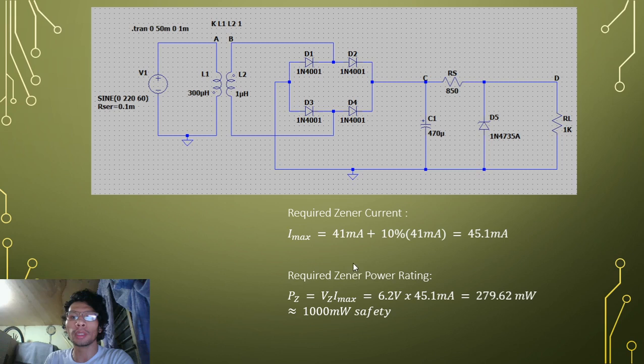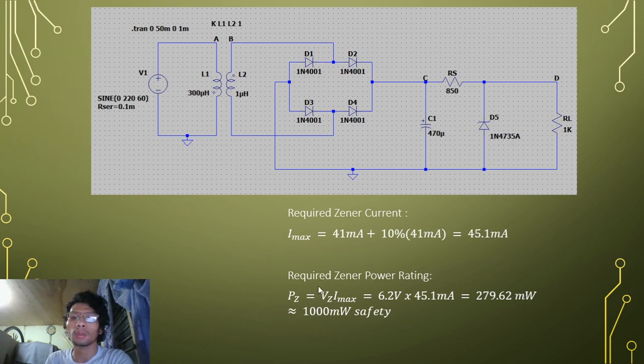So the required Zener power rating, or PZ, is equal to the Zener voltage times the Zener current, or Imax, which is equal to 6.2 volts times 45.1 milliamps, and that is 279.62 milliwatts.